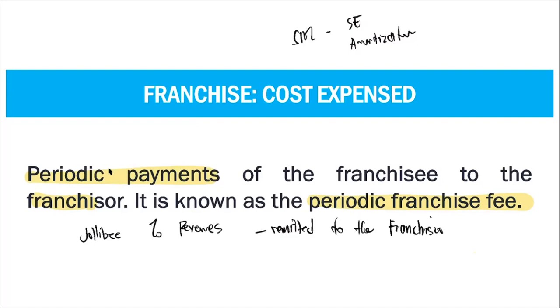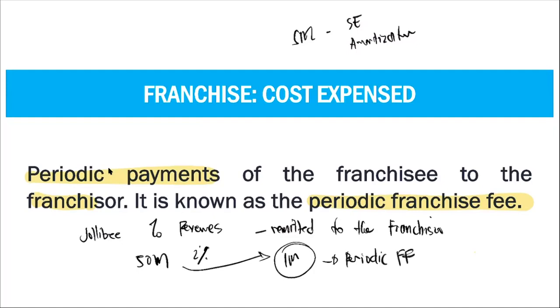So for example, your total revenues is 50 million pesos. A certain percentage of that will be given to your franchisor. So let's say 2%. The 2% of 50 million, that is 1 million pesos, will be given to your franchisor. This 1 million pesos is known as your periodic franchise fee, or sometimes it is known as continuing franchise fee.